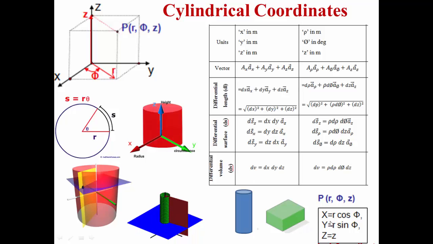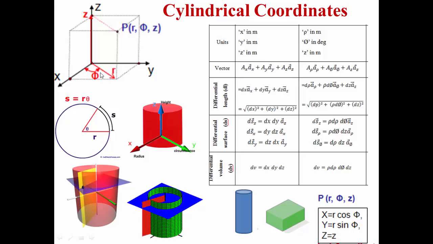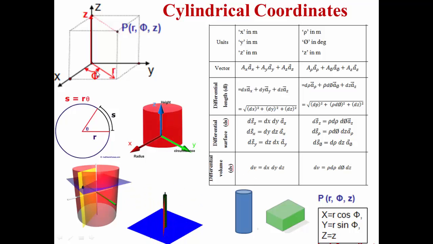So this is a conversion process, because this is x and y, this is the radius r, this is the angle. The angle starts from x to y direction. So now the x value is equal to r into cos phi, y value is equal to r into sin phi. This is a simple mathematical formula.